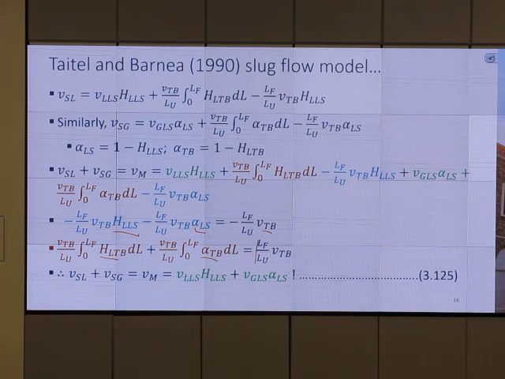So I get this part. Substitute it back. This shows me that Vm is a weighted average of the velocity and the holdup, just that. And this is consistent with the case of horizontal flow, when we say Vs is Vm. Okay? Is it consistent? So if it is horizontal flow, double Hubbard, who should I ask?